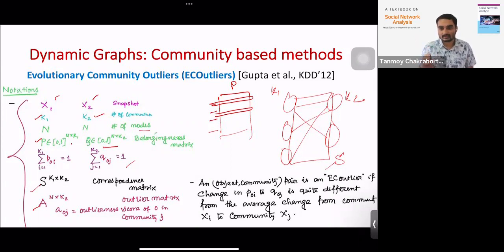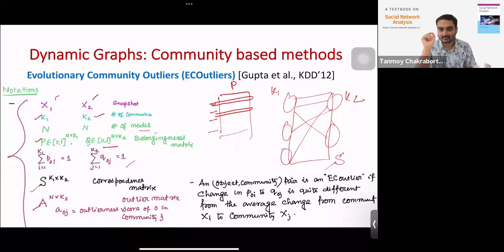We want to understand, at timestamp T2 or X2, whether these nodes are outlier or not with respect to a community at that timestamp. Of course, we'll judge this based on the previous history, but we judge it at a particular timestamp, X2 in this case.